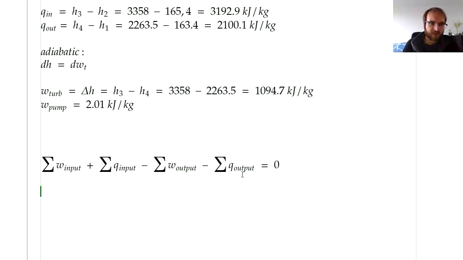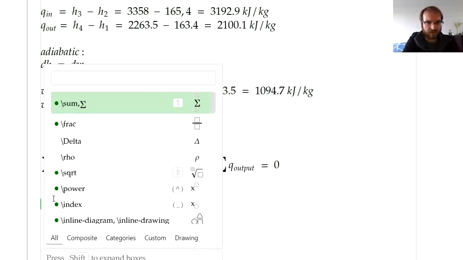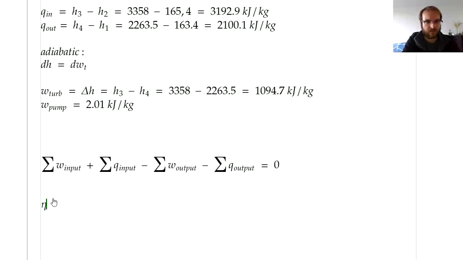So now, when we have established the energy balance, we can also see what the efficiency of the system is. The efficiency of the system, or the efficiency of our cycle, is the ratio of the net work output divided by heat input.